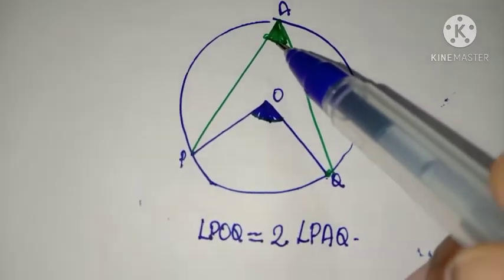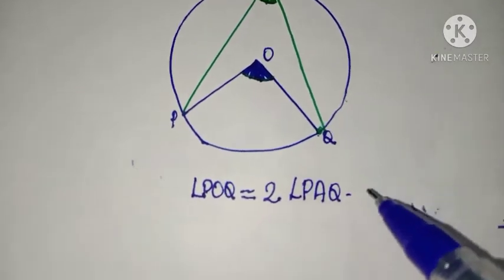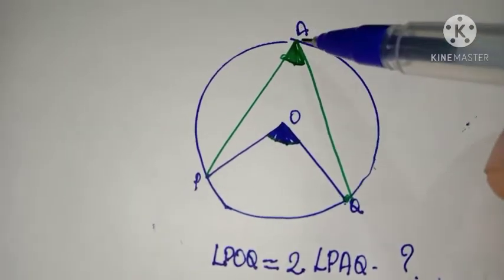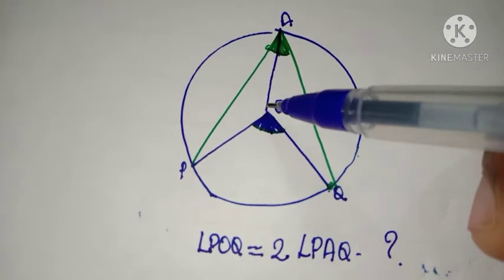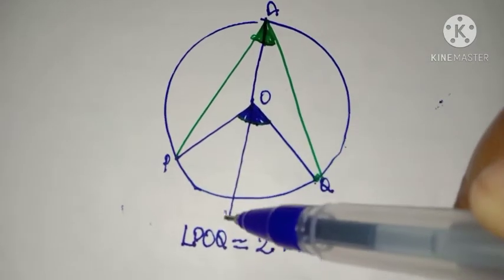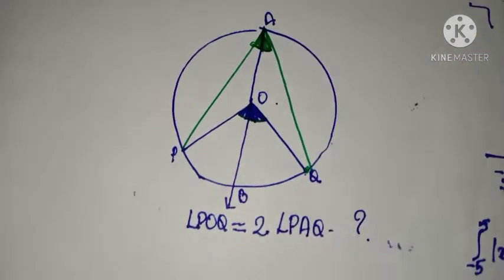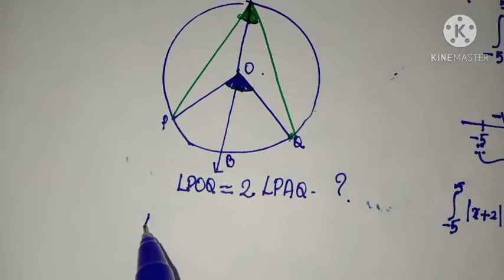For this, join AO and extend this line to a point B. Now consider this triangle OAQ.